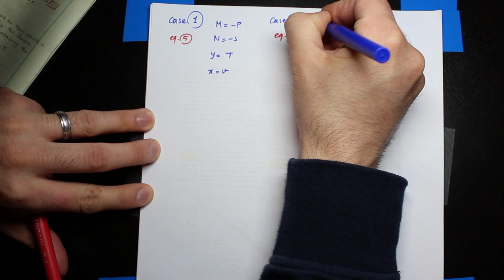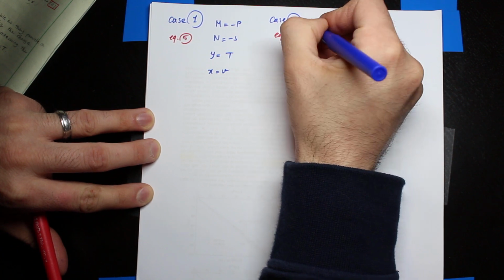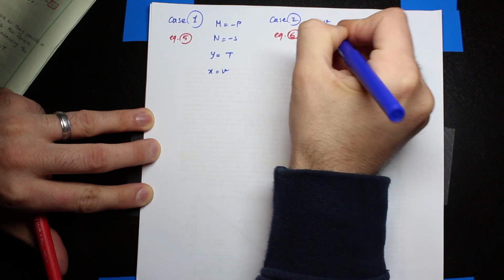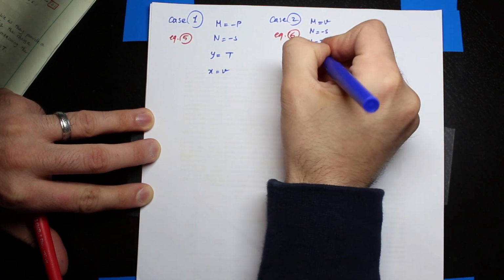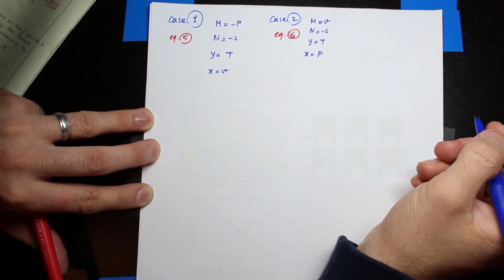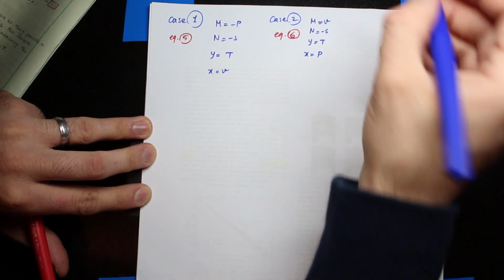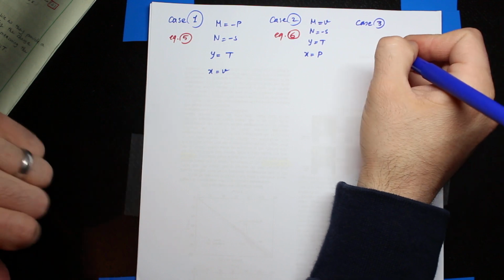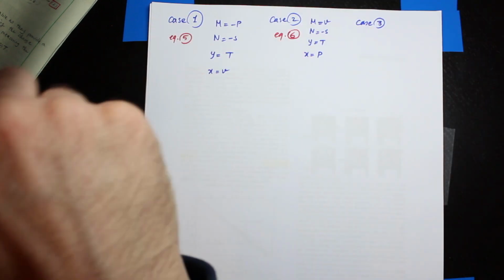M is going to be V, N, negative S, Y is T, and X is P. Okay, now the other case that I can make, case number 3, is obtained by applying that equation on equation number 1.